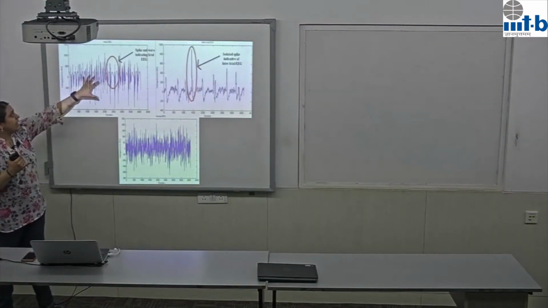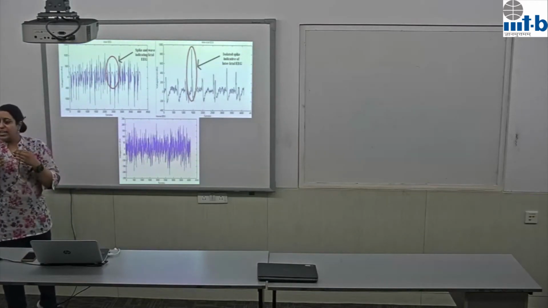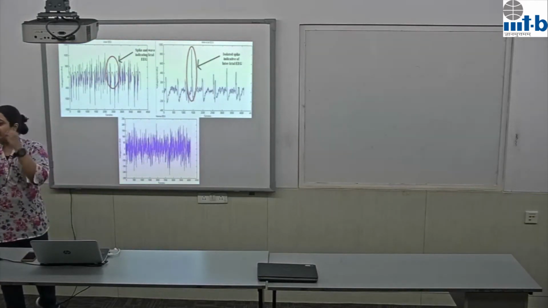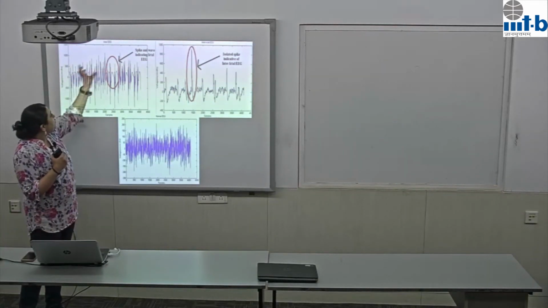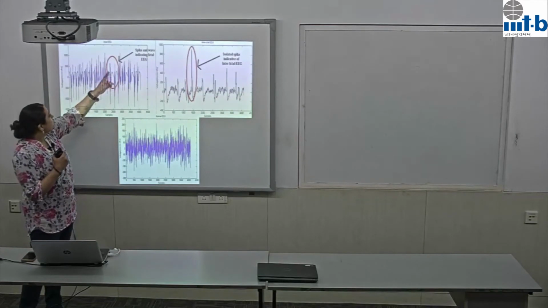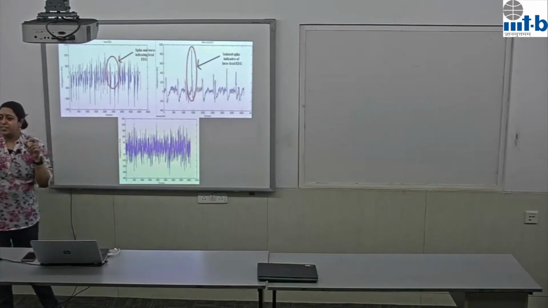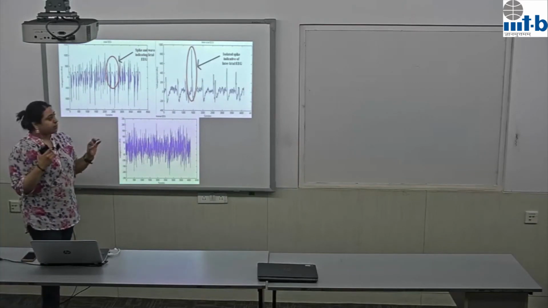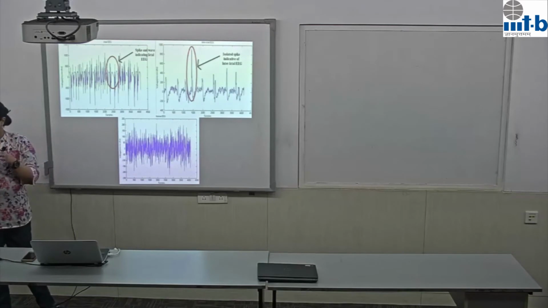The next one was ictal versus interictal versus normal. As I told earlier, ictal is when a person is experiencing fits. At that time you can see there are specific patterns being formed. Here we have spike wave, which is a usual characteristic of a seizure. Interictal is the time between two seizures of a particular person.